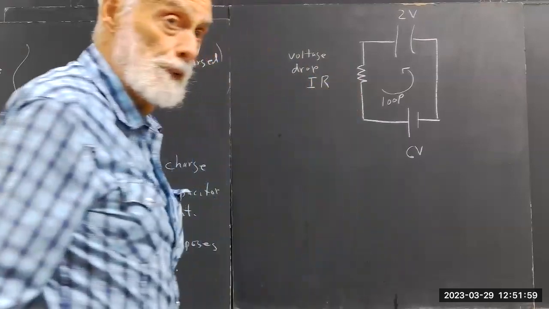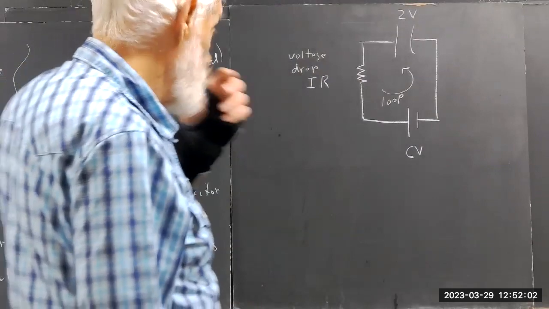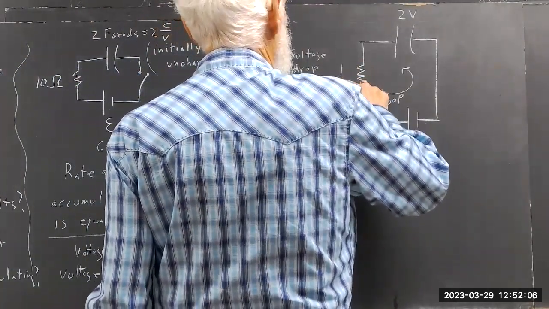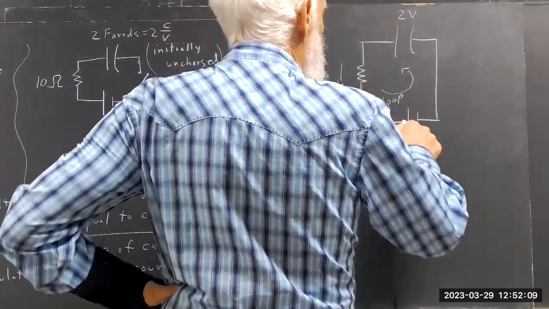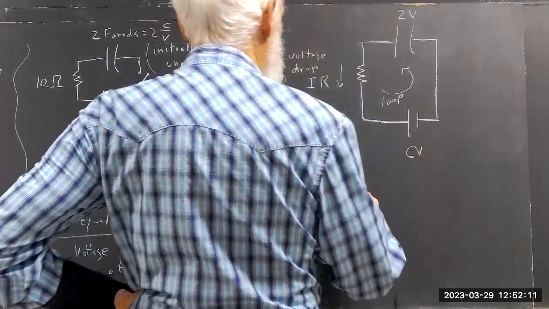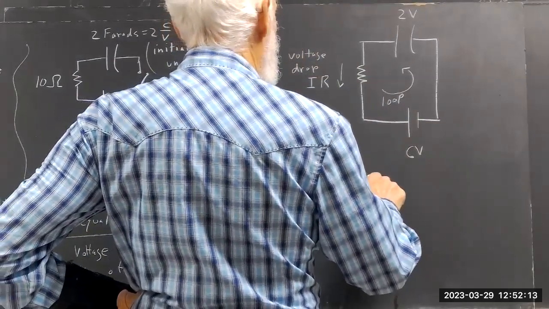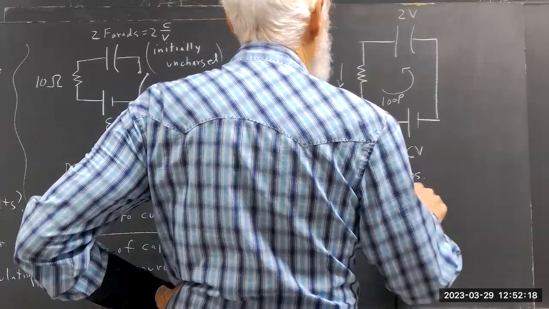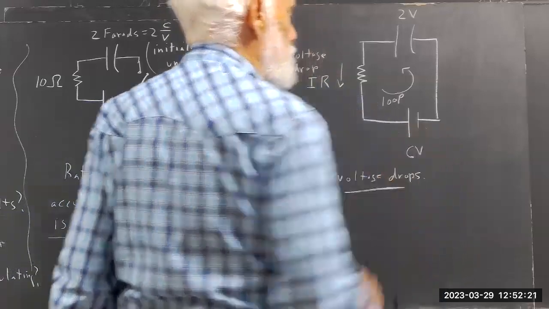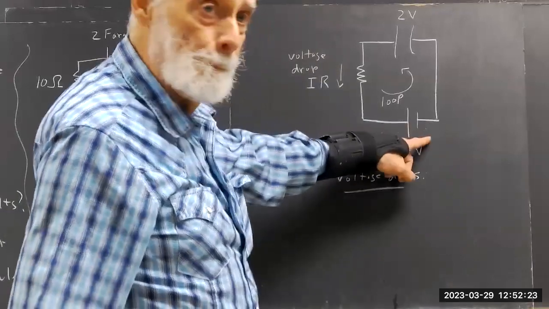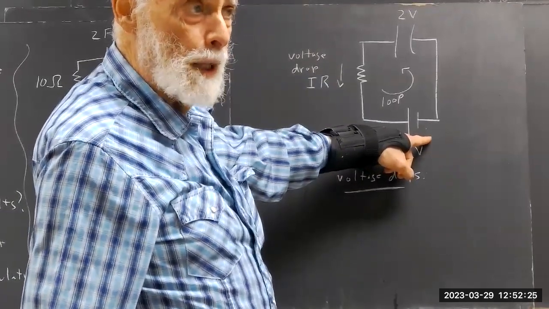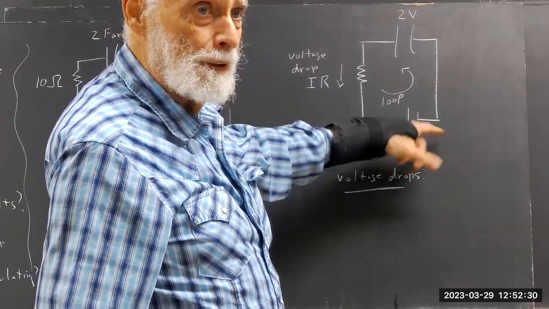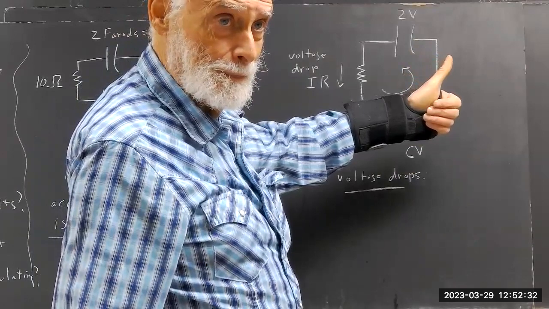As you go across here, what's your voltage drop? Does the voltage go down from here to here, or does it go up? It goes up, so the voltage drop is negative.